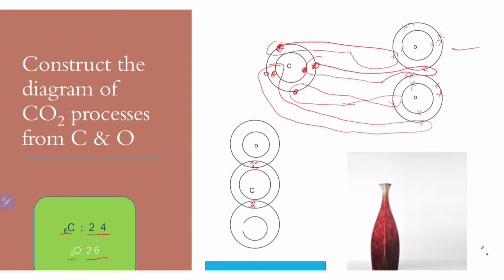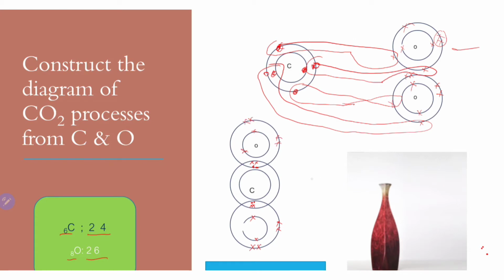And then oxygen, there are two lone pairs here. There are two lone pairs here. Two in the inner shell, and in the outer shell two lone pairs.